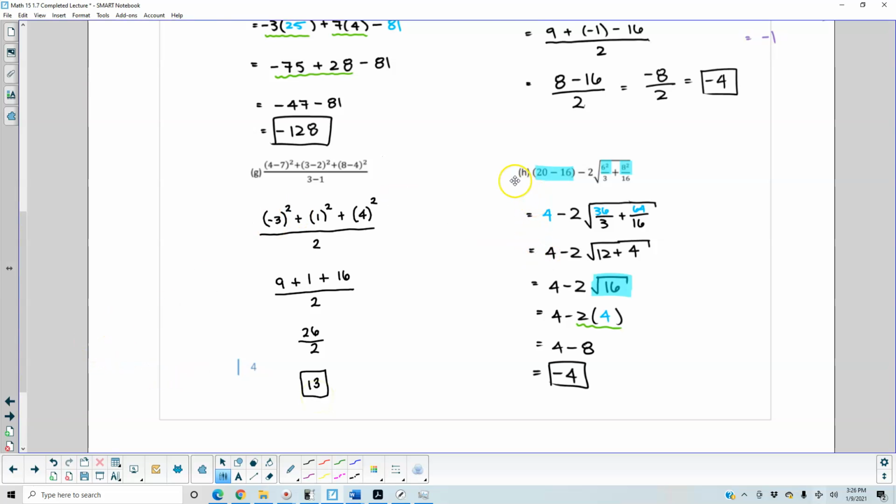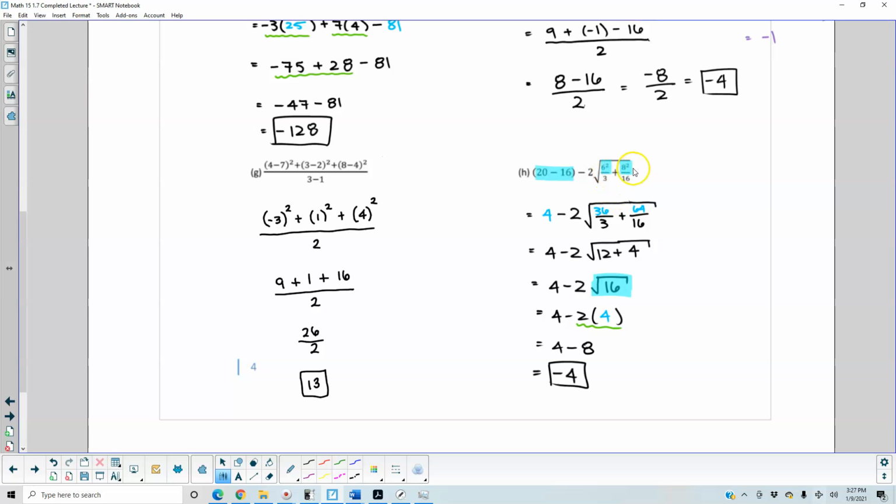Okay, H. We have parentheses 20 minus 16 parenthesis minus 2 times the square root of 6 squared over 3 plus 8 squared over 16. So these are some of the things that you may see when you're dealing with a formula in statistics. So we first need to take 20, subtract 16, which gives us 4, minus 2, and then the square root symbol is a grouping symbol.